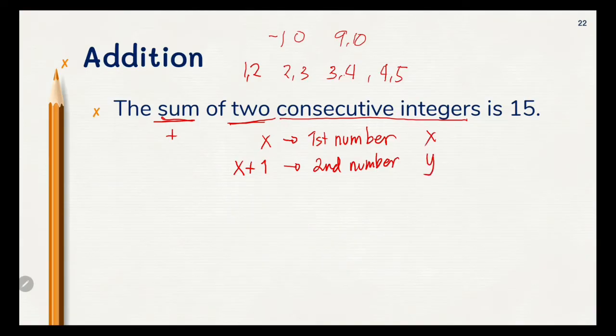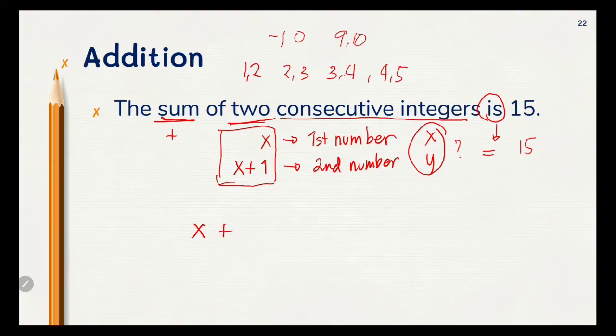Why? We are not sure that the two are consecutive. Unlike this, you are sure that the first number, the next, the second number, is consecutive to it. Then we have the is, which indicates equals, and then we have 15. So when we write the formula, we have first number x plus 1 equals 15.